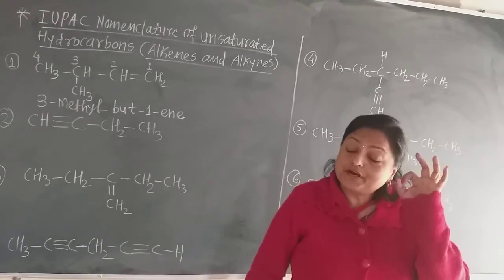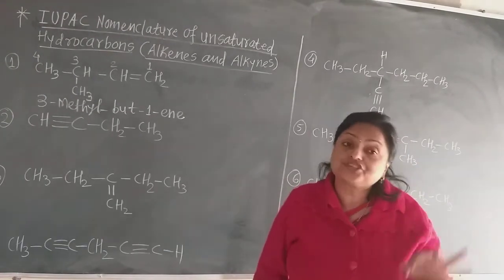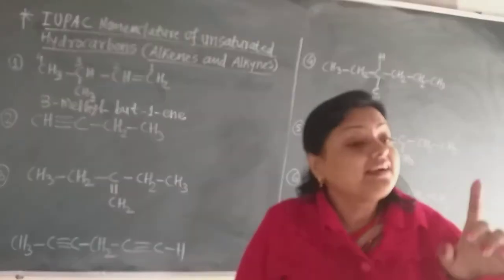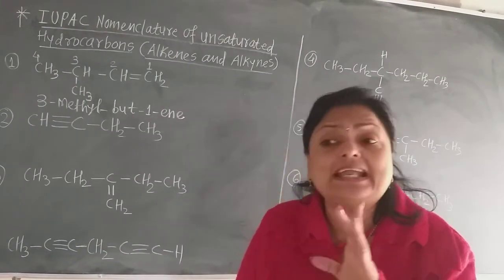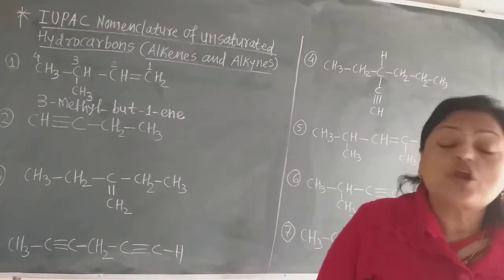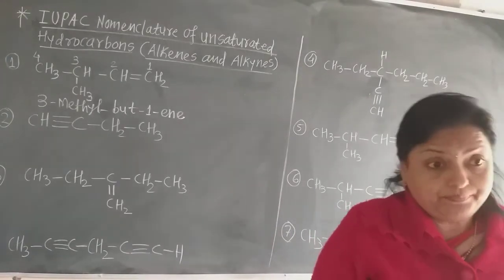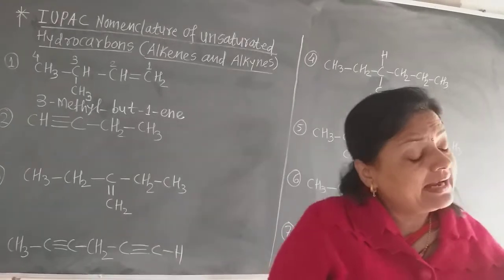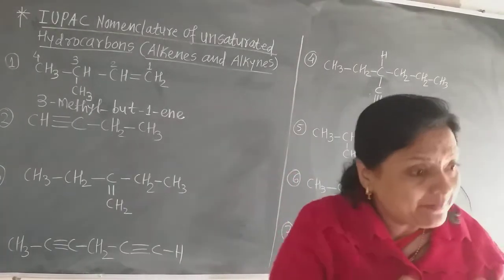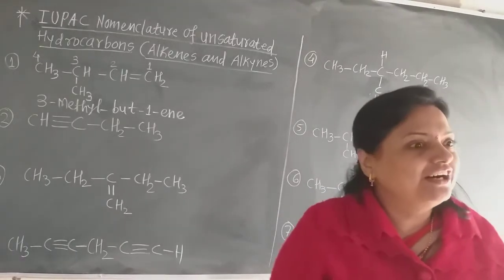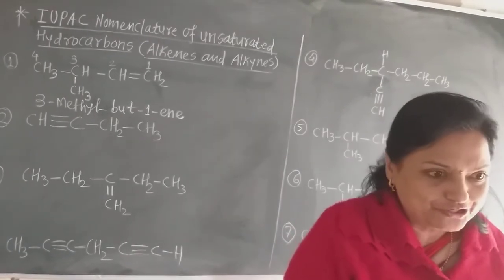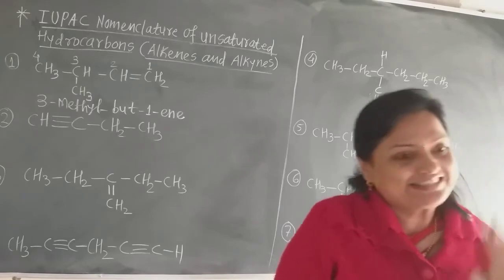The first rule is that after selection of the continuous chain containing the double or triple bond, always number from that side where the double bond or triple bond is nearer. And if from both sides the double or triple bonds are on the same carbon, then see which side has the alkyl group, that is the substituent, and then number from that side.